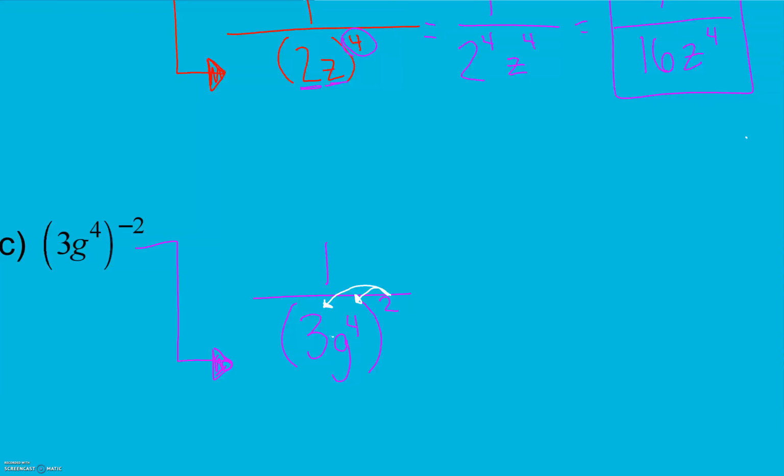Since all I'm doing is multiplying, I can rewrite it with each piece getting that exponent. So 3 squared, g to the 4th power squared. Keep in mind here that the 4 only goes with the g. It's only touching the g. It's not with the 3. The 2 goes to both pieces because it's touching the parentheses, which means it goes with everything inside those parentheses.